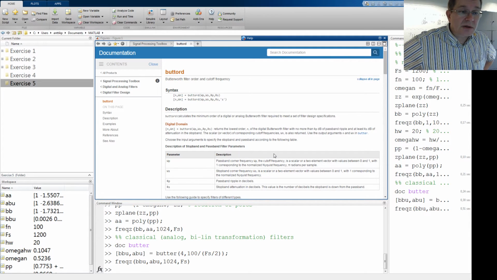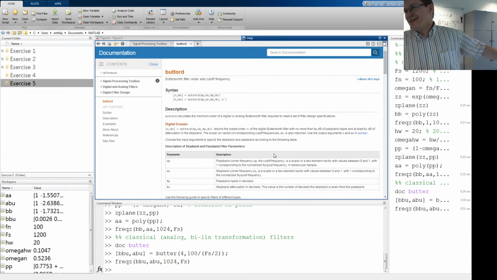Oh, that's nice. It reaches the lowest order n of the digital Butterworth filter with no more than Rp dB of passband ripple. Well, mathematicians think that there is a ripple on a Butterworth filter. It doesn't have ripple, it's a rippleless filter. But anyways, I think that one defines the design point.